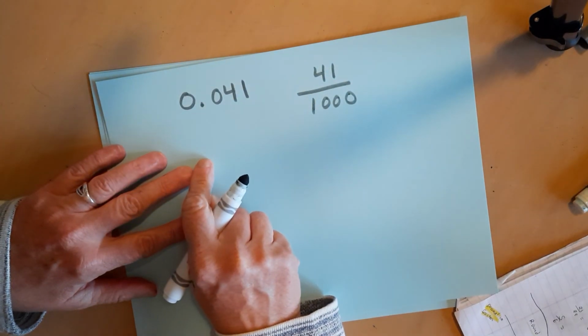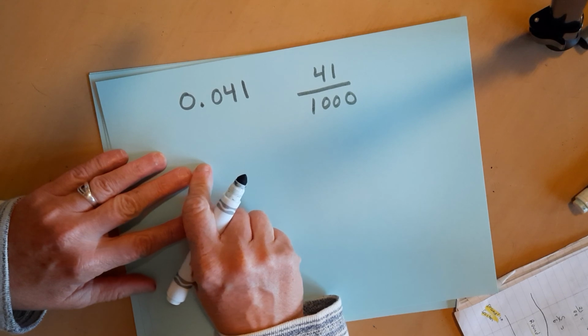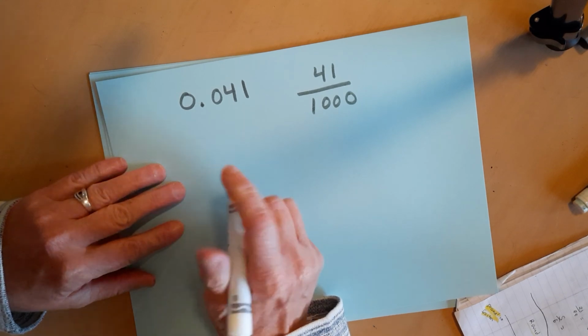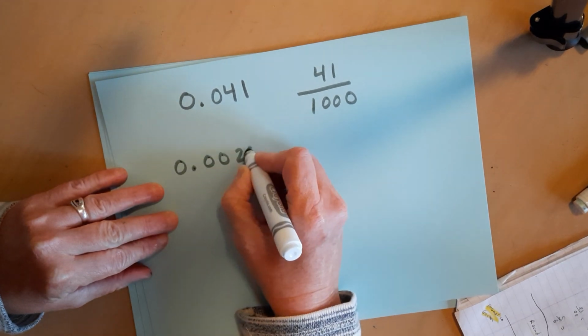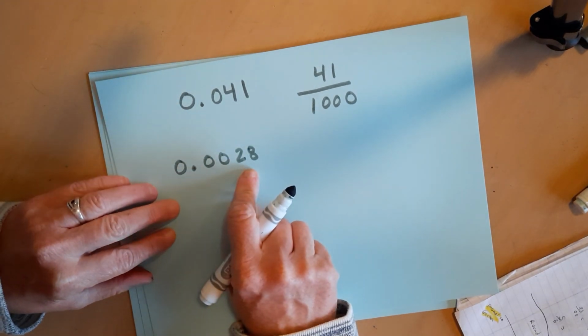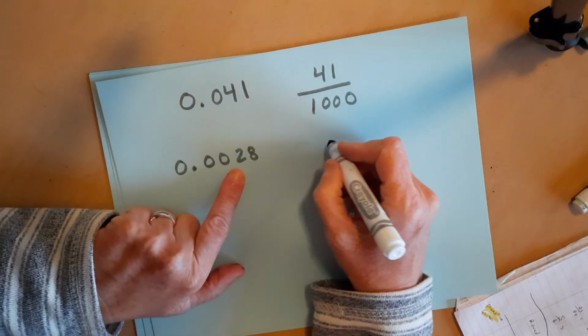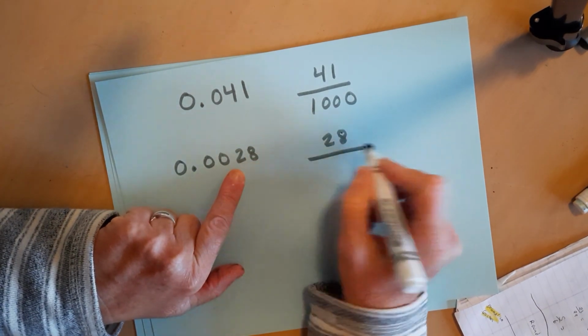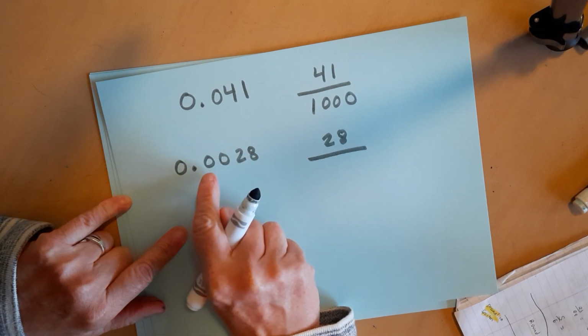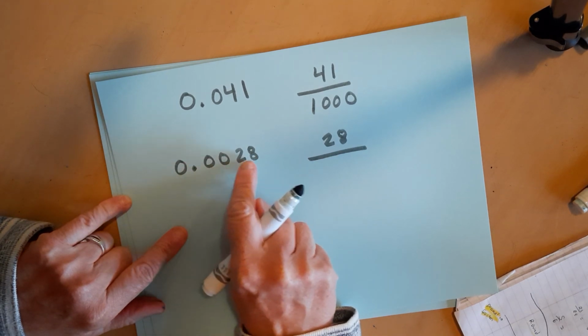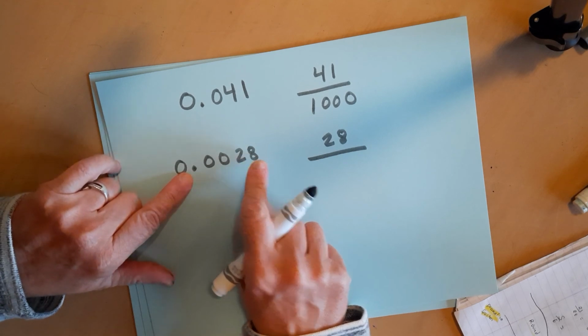I'm going to show you a trick. If we said, what would this be as a fraction? It would be 28. And then we need to know what place that's in. Well, if we count them, 1, 2, 3, 4, it's 4 places beyond the decimal point.